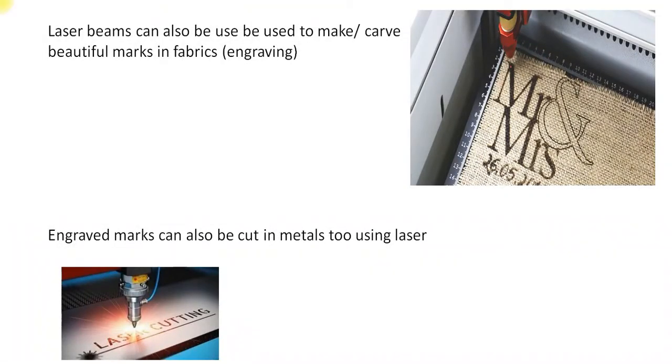Laser beams can also be used to carve beautiful marks in fabrics, that is engraving, like what we have in the picture here. We can also use it to engrave or make neat cuts like this in metals too.